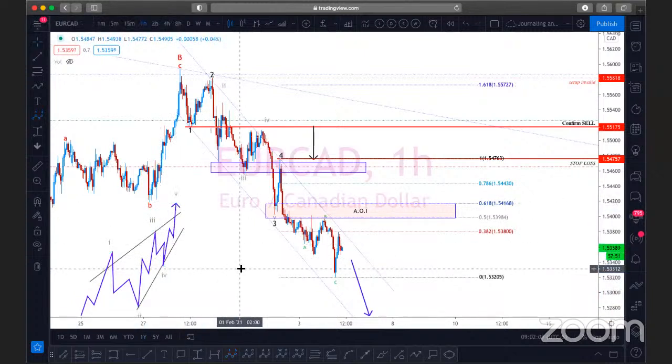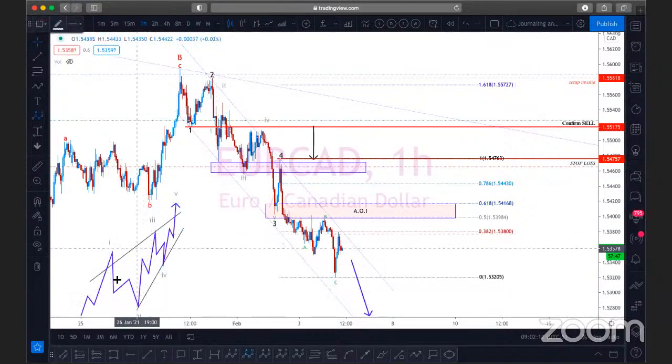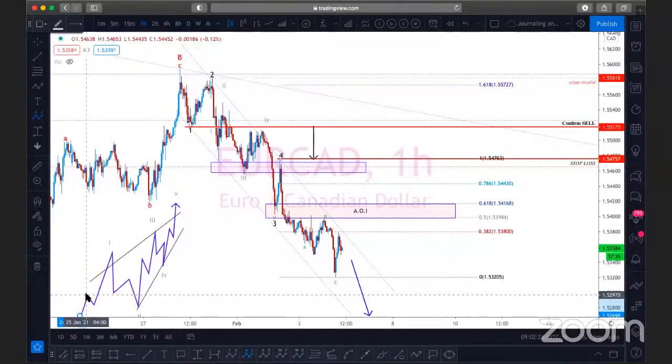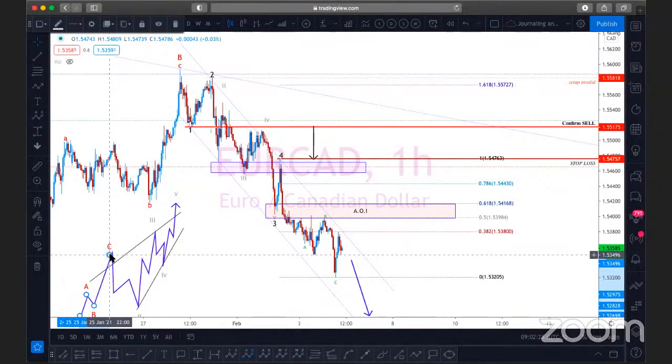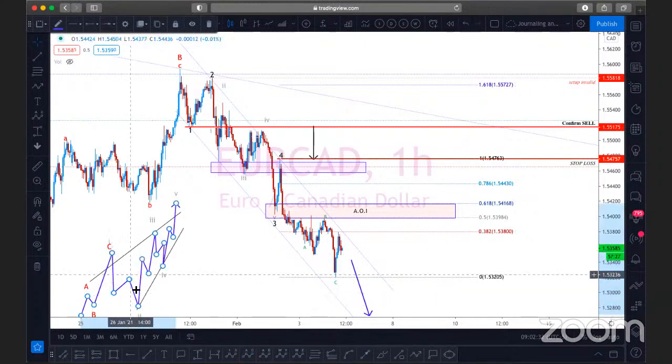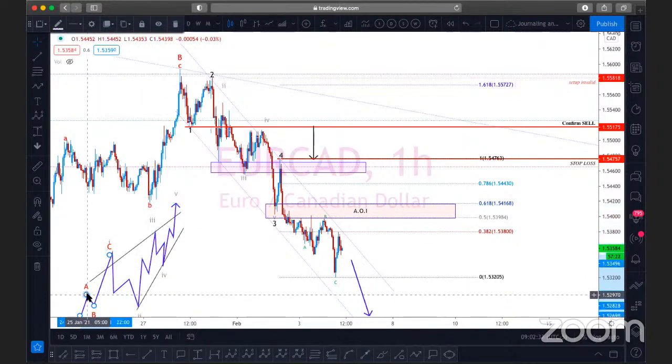Now, in an ending diagonal, while you're labeling those as wave 1, 2, and 3, notice that these aren't impulsive moves, but they are still motive waves. Motive waves tend to move with the trend, right? So in that, you would have this movement in here, you'd label it as wave A, wave B, wave C. And the same would take place here, A, B, C, A, B, C, and so on and so forth, right?